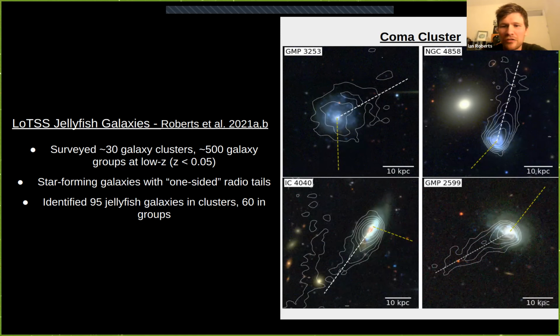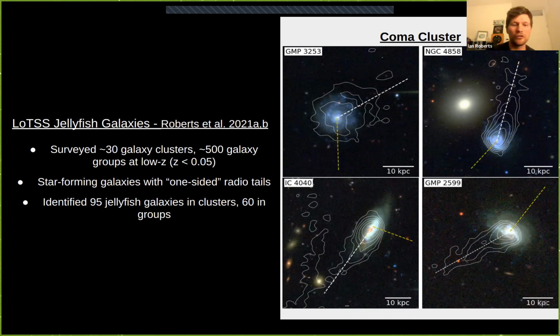What we did is we took all of the spectroscopic members of these systems, and then made optical plus LOFAR 150 megahertz overlay images like I'm showing on the right. These are 4 galaxies in the Coma cluster. You have an optical image in the background, and the contours that I've overlaid are the 150 megahertz emission from LOFAR. Then we visually identified star-forming galaxies which have these one-sided radio tails.